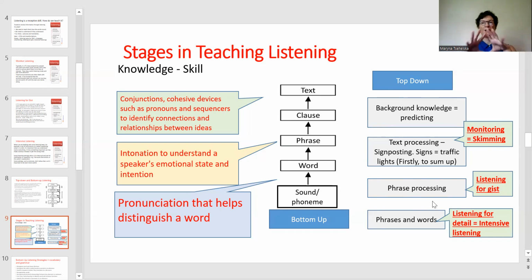The first listening is when you get the general idea, and then at the second listening, we'll listen for detail, or it is intensive listening.